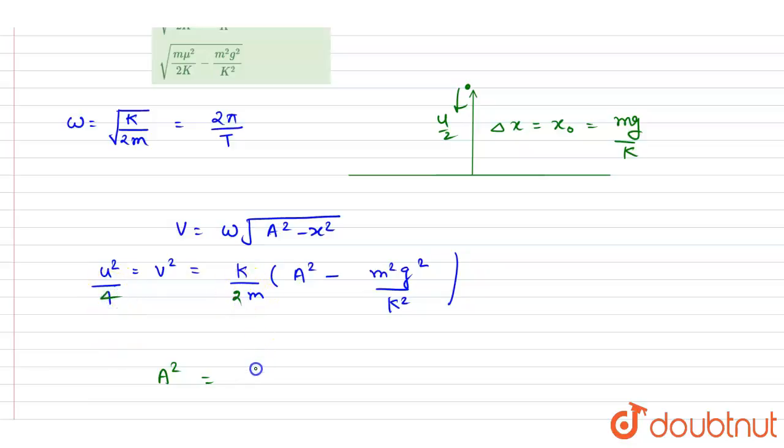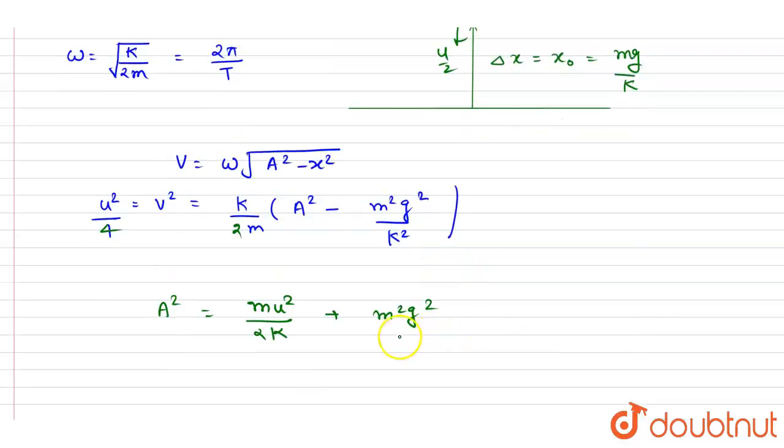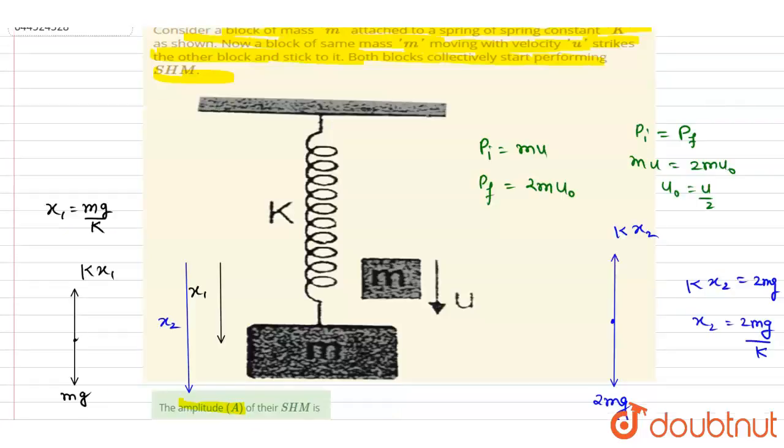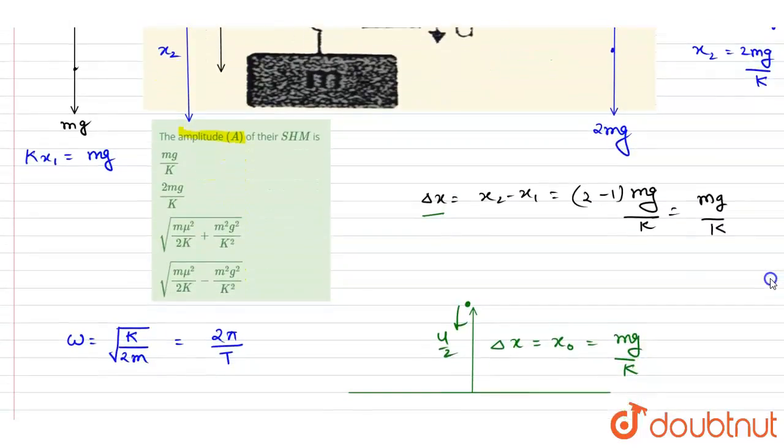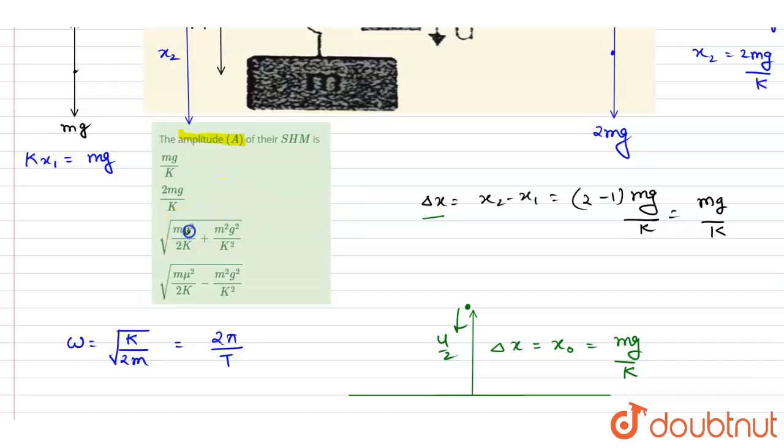So it is mu squared by 2k plus this will get added. Now if you take the under root and remove the square, this is the amplitude. Now you can check for the option, mu squared by 2k plus this. So this is it. If you see, C is the correct answer.